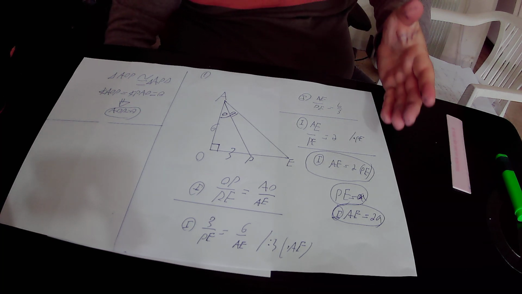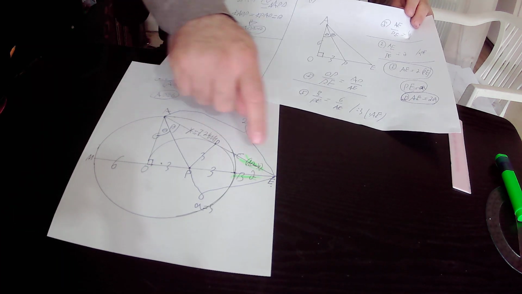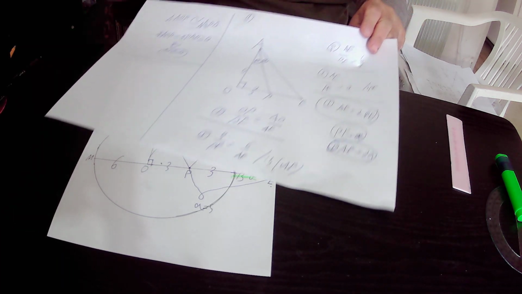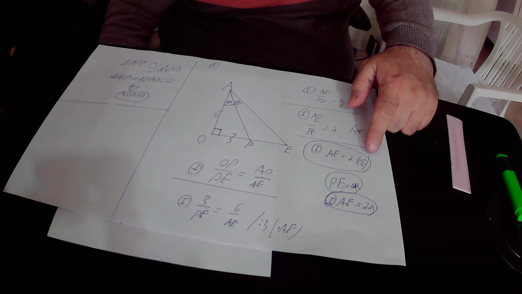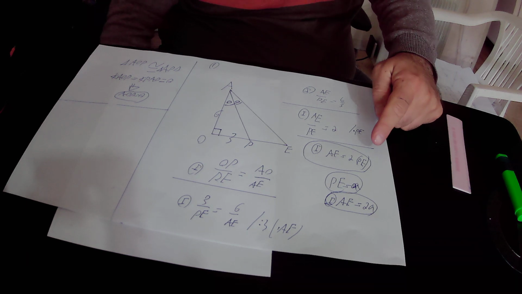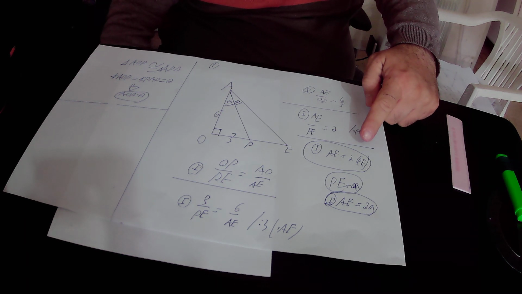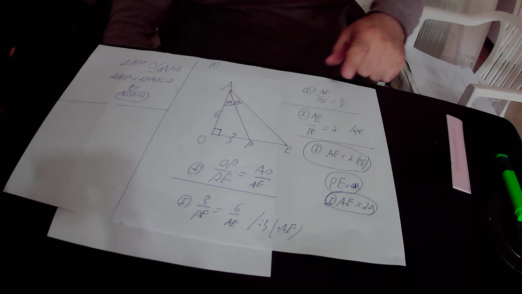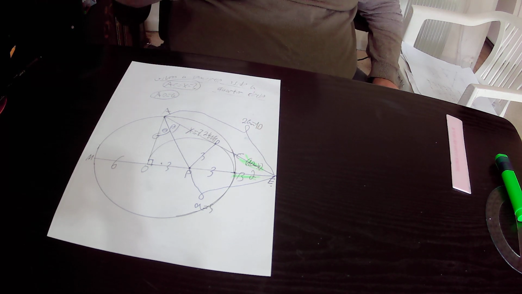If we define PE as A, we can substitute PE by A, and we get that AE equals 2A.